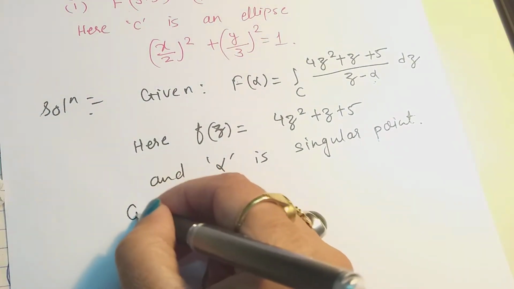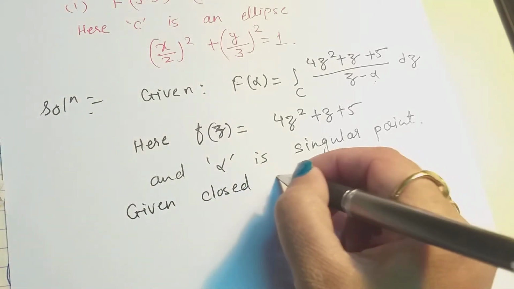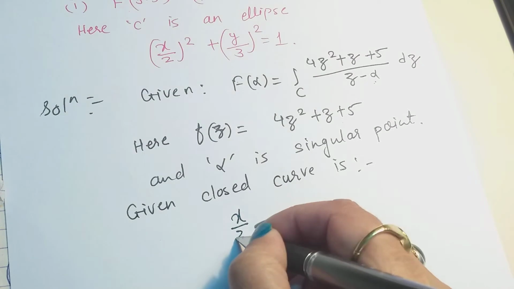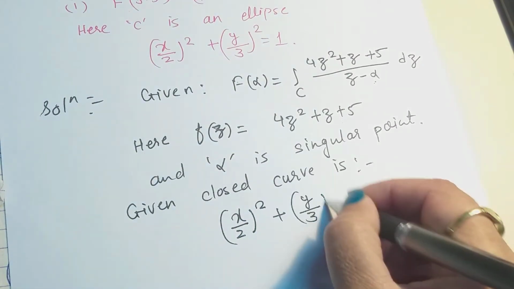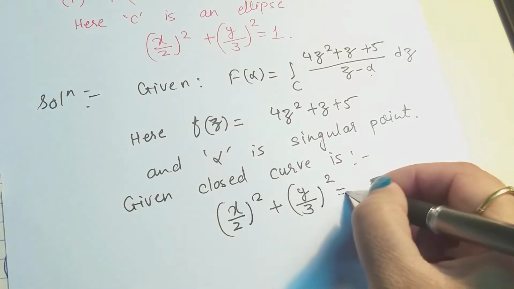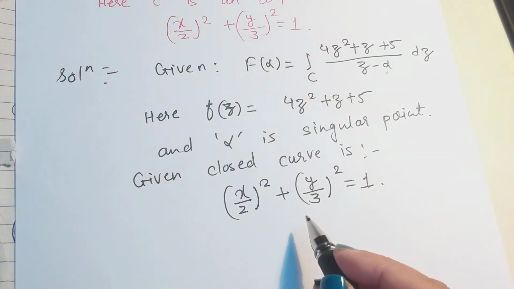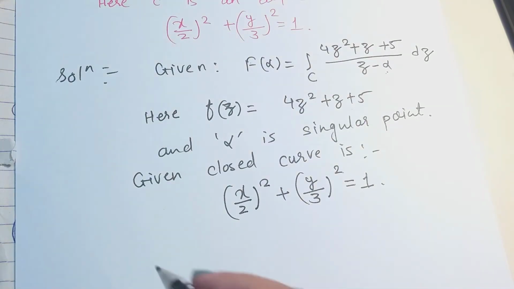Okay, and the given closed curve is (x by 2) whole square plus (y by 3) whole square is equal to 1, which is the equation of a vertical ellipse.